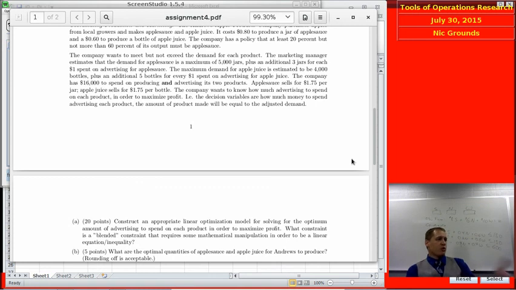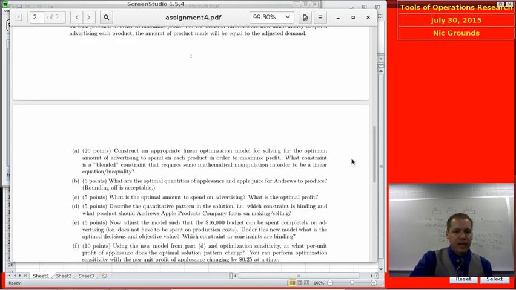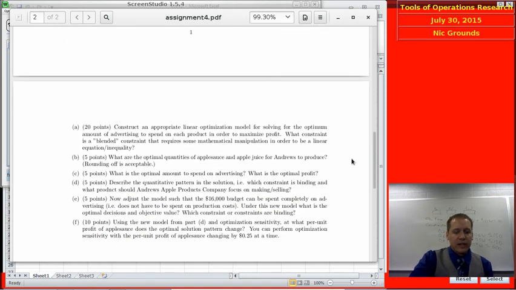So if we can produce 6,000 jars of applesauce and we can spend enough in advertising to create a demand of 6,000 jars, that many will sell. So we're assuming that as many as we can make legitimately, between spending advertising dollars and spending money to produce the product, we'll sell it all. So 100% sales rate, I guess. All right, so construct the model and so forth.